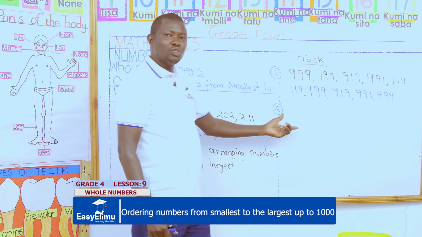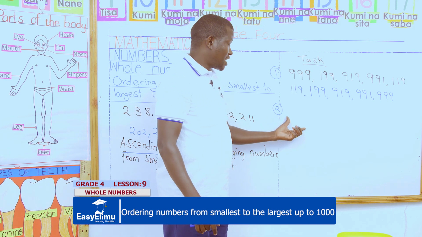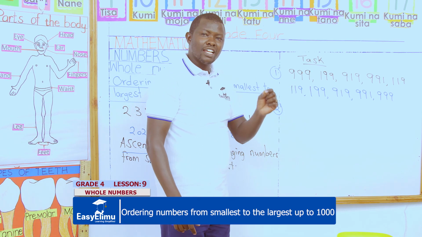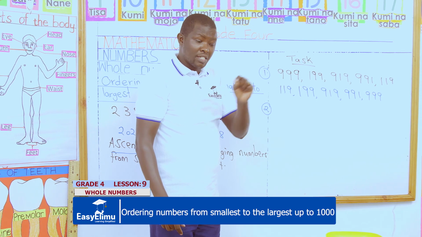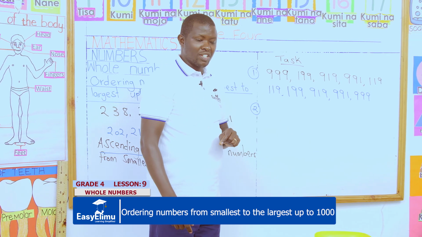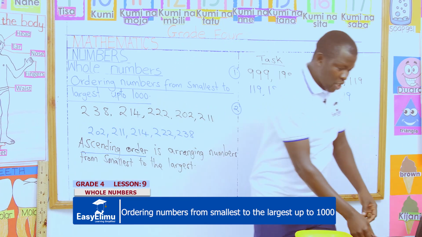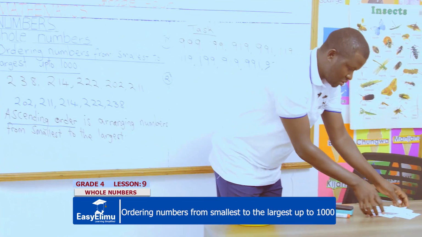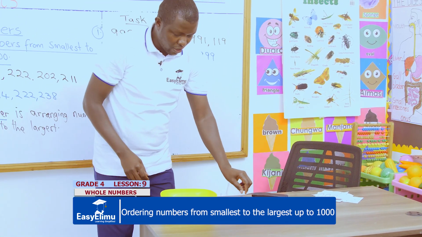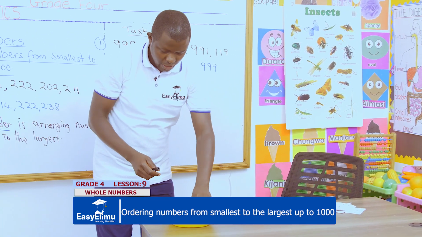And my question number 2 I've asked as a task for us to do. Arrange the following numbers in an ascending order. And the numbers are just found inside our pot. So we'll pick them and try to arrange them in our groups. So I put aside these ones and then we pick the numbers that follow here.